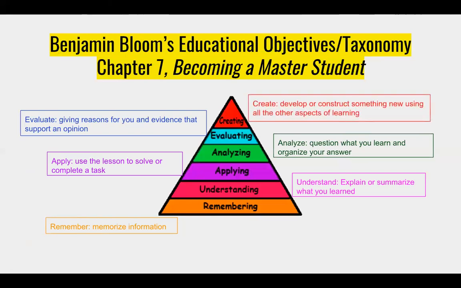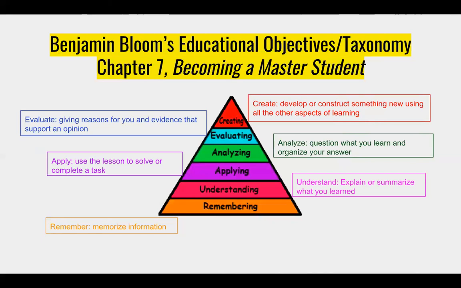And then from there, you're able to create something brand new. So in writing, it may be creating different forms of writing, like a new form of poetry, or a new form of communicating, of writing an essay.